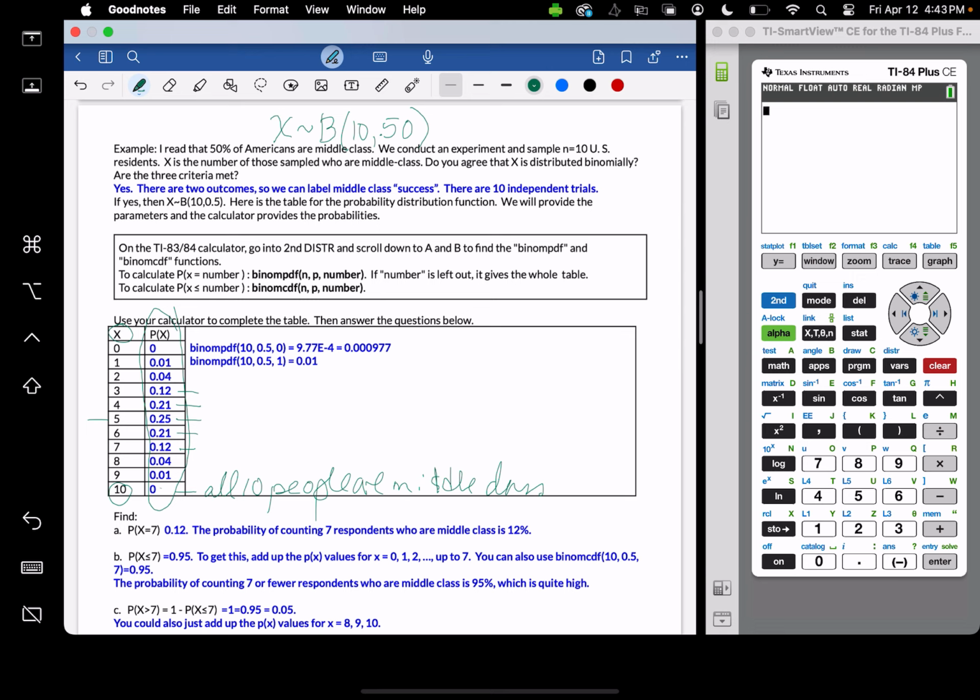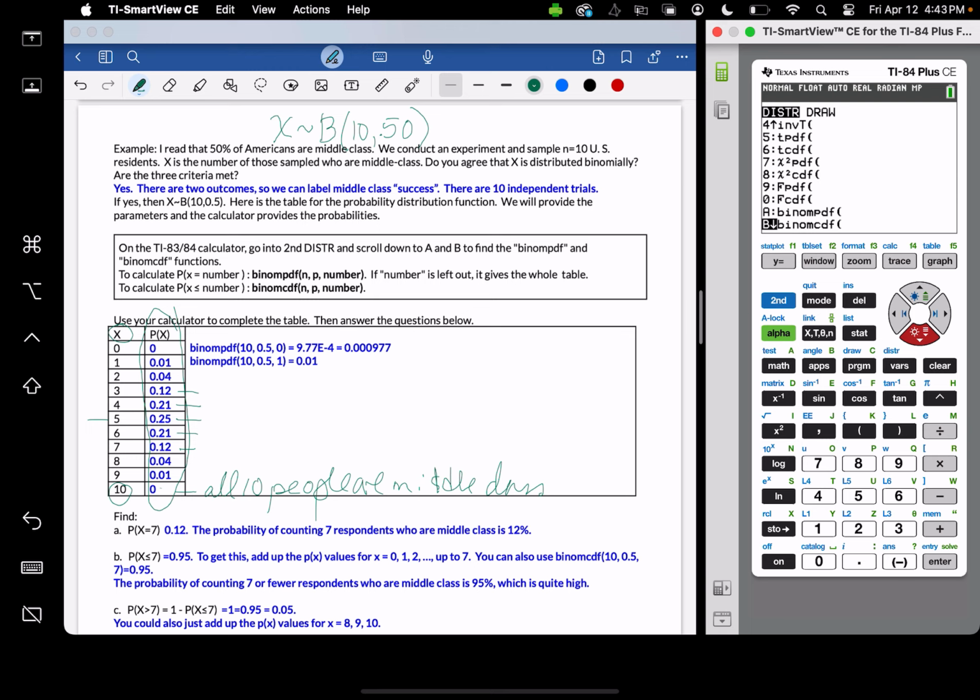On the TI-83/84, go to second distribution. And we scroll down until we get the A and the B. And so what we have is binompdf and binomcdf. What we want right now is pdf, the probability.